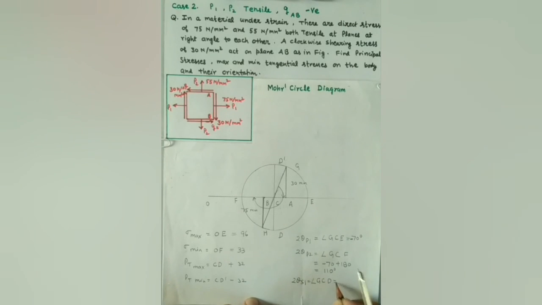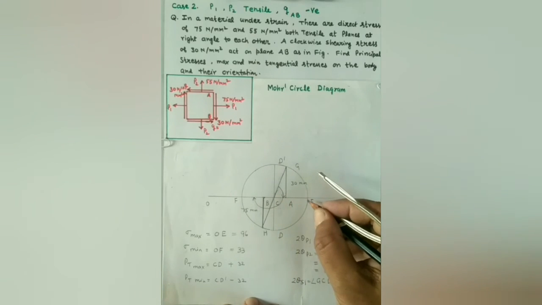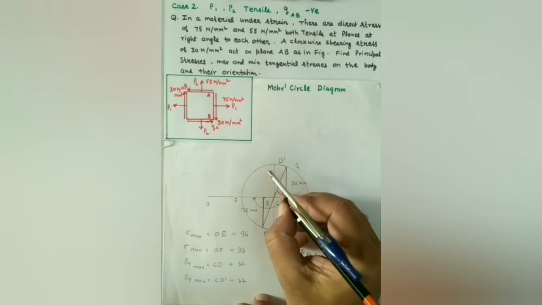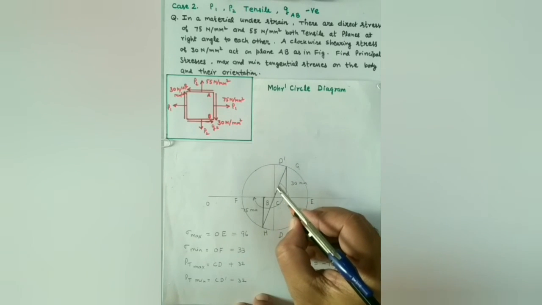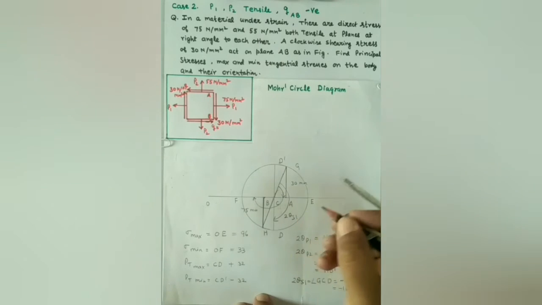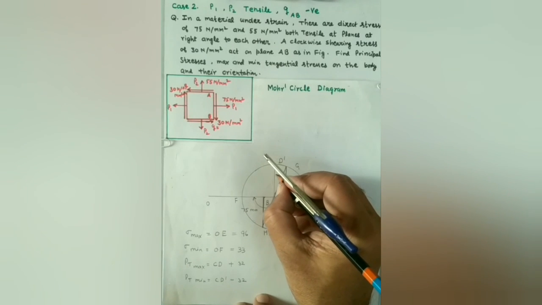Angle 2 theta S1, the plane of maximum tangential stress, is angle GCD, which is minus 2 theta P1 plus 90 degrees. So this gives a value of minus 160 degrees, and this angle is ECD.